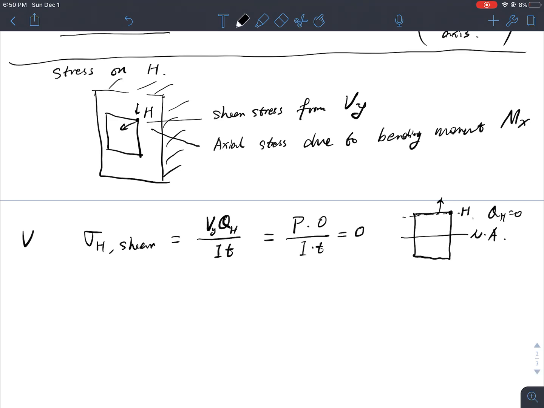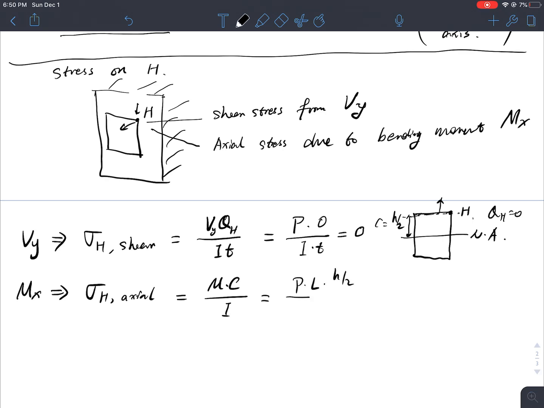So of the two components, Vy gives you a shear stress of 0. And the moment Mx will give you a sigma H in terms of axial stress, equal to MC over I. Let's take a look at it again. C equals half of the height. The moment actually is PL.